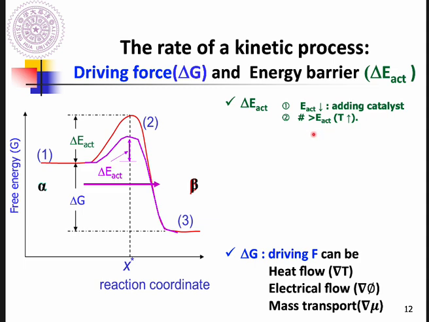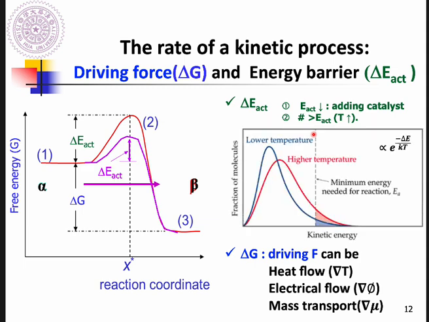The other choice is to increase the environment temperature to allow all the reactants to have more energy, which means more atoms can overcome this energy barrier. When you increase the temperature, more reactants will have energy higher than the activation energy.